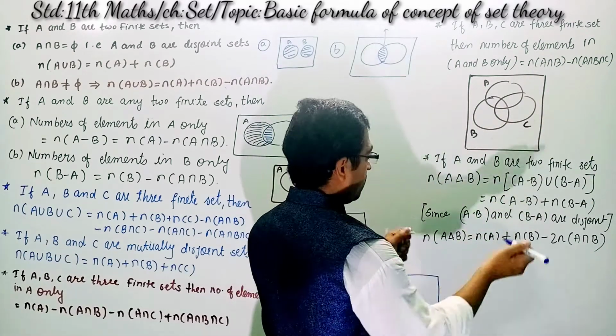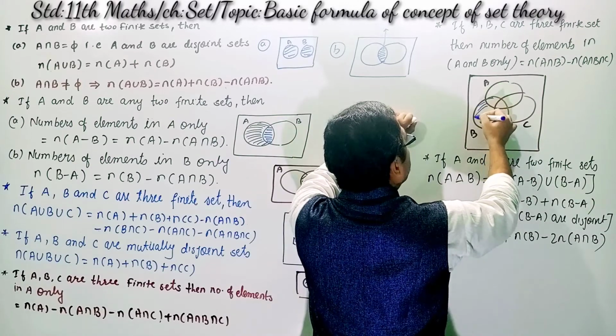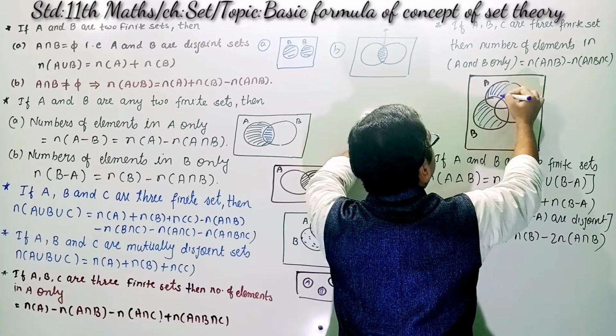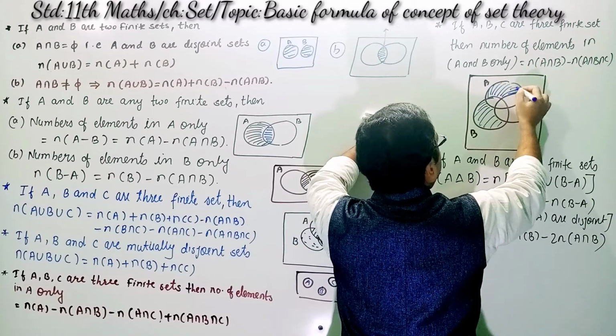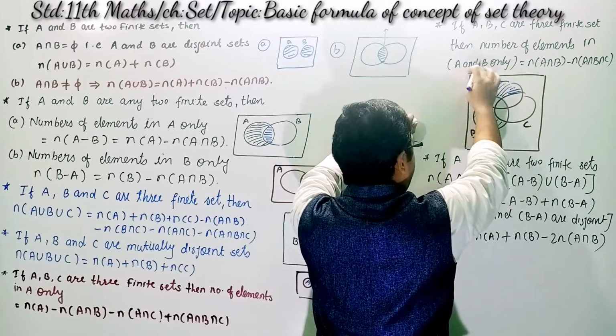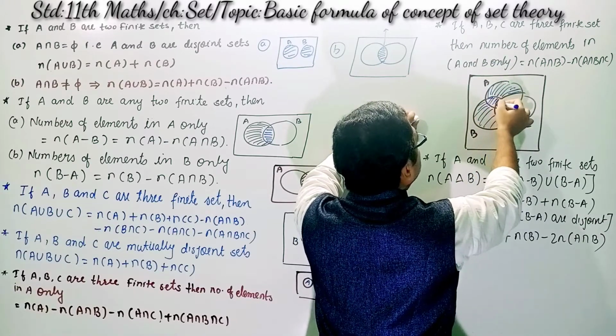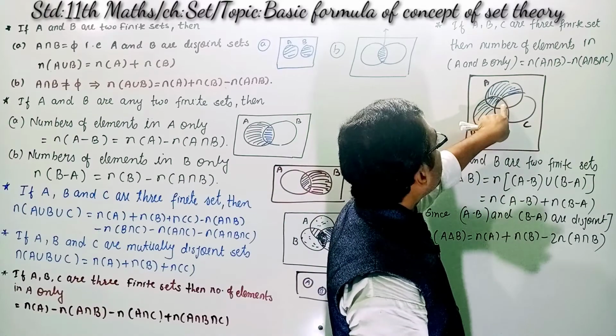So you want to find this part and this part, A and B, right students, plus this part. So what will you have to remove?